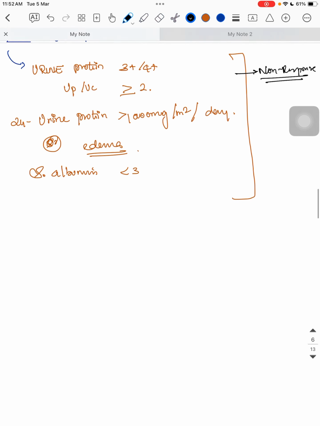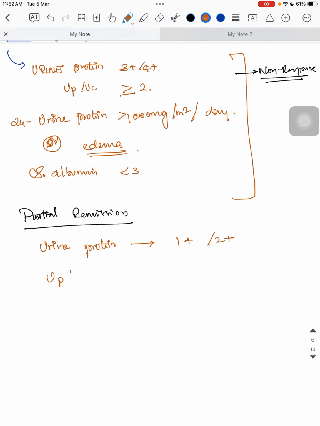Here in steroid resistant, you have partial remission also. When do you call the child to have a partial remission? Here the urine protein will be 1 plus or 2 plus, with urine protein by urine creatinine ratio of 0.2 to 2, and 24-hour urinary protein between 100 to 1000 mg per meter square per day.